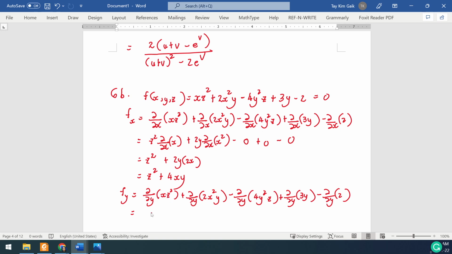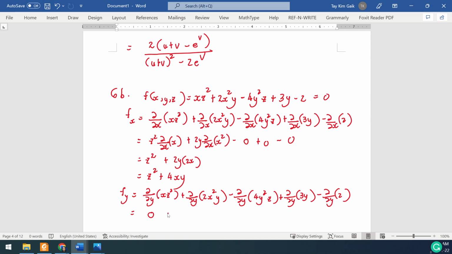No, the answer is 0. If you said 2xz, that is del del z. When you del del y, keep in mind x is constant, z is constant. Differentiate a constant is 0. You see del del x, when you del del x, z squared is constant, that's why the answer you get is z squared.